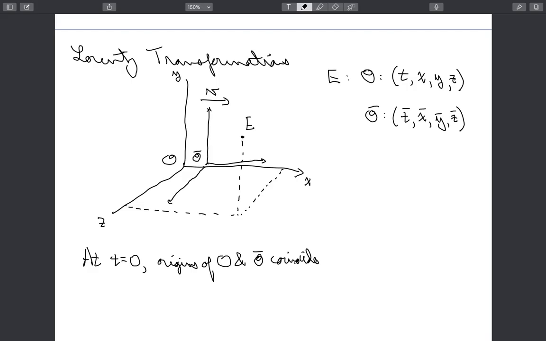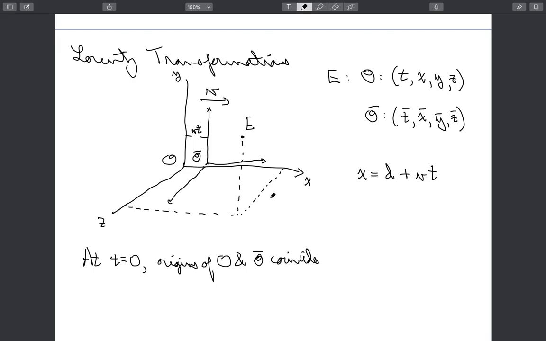And now we will assume that the event occurs at a certain time t, which is greater than 0. So this distance here is going to be v times t. So we can do a first relation. We can say that the coordinate x at which the event occurs is equal to v times t plus the coordinate d that we would have from the other reference frame.